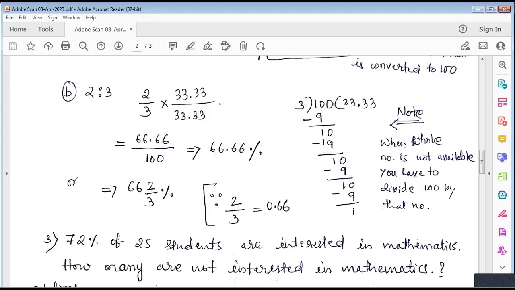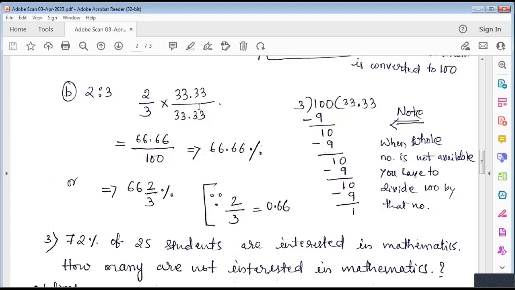So here I have shown the usual simple method of how 100 is divided by 3, and when you simplify this, you will get 33.33. So we got 33.33 as a suitable number, multiplication of which with 3 gives 100.